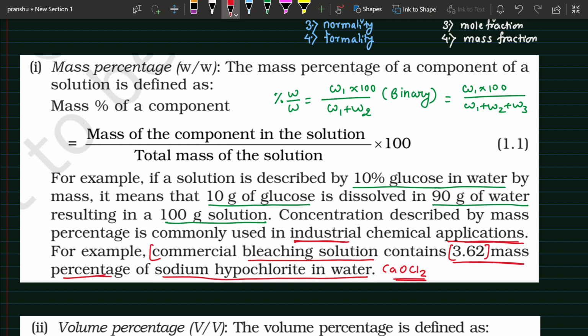Sodium hypochlorite, my mistake, NaOCl. CaOCl2 is the bleaching powder, and NaOCl is the commercial bleaching solution that contains 3.62 mass percent of sodium hypochlorite in water.